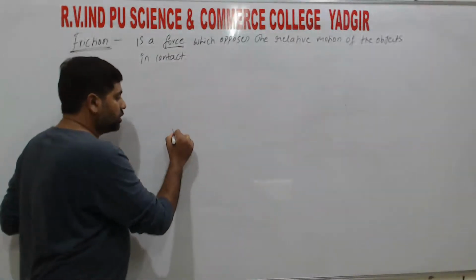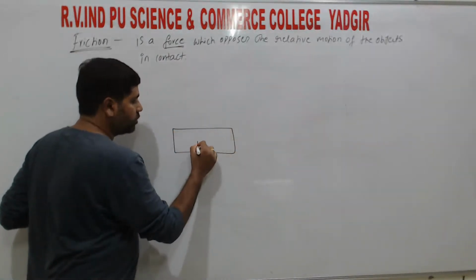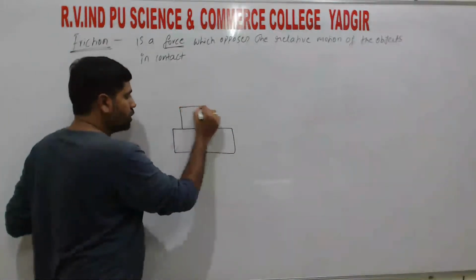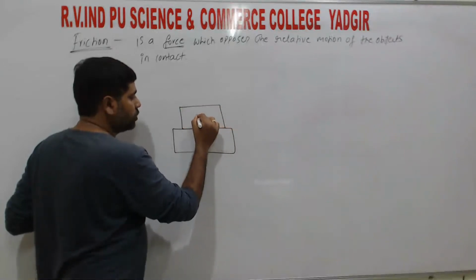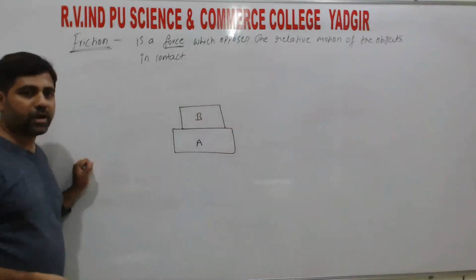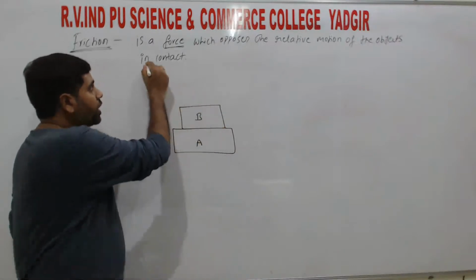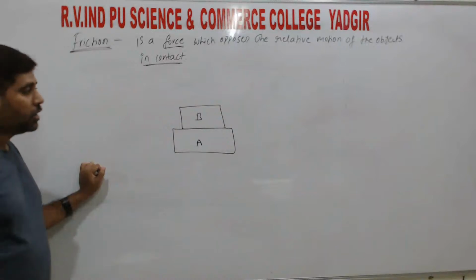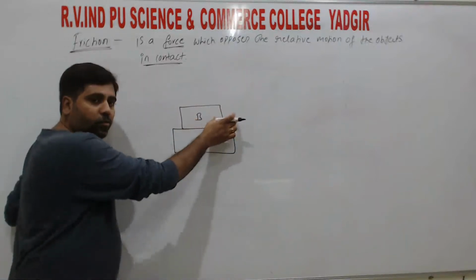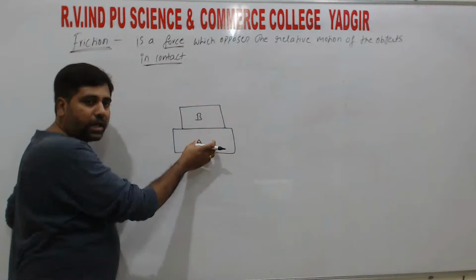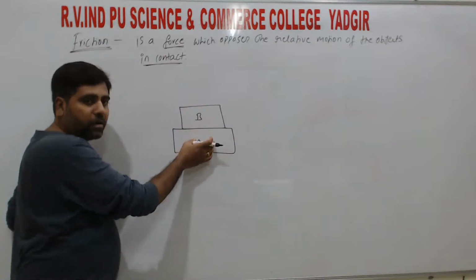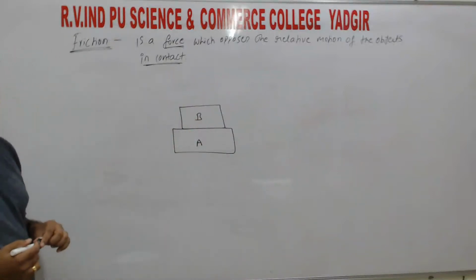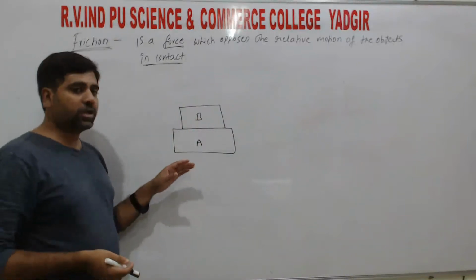So if we consider any two objects, I consider this one as one object and one more object. So this one is the second object, right? These two objects are in contact. So when B is moving with respect to A or A is moving with respect to B, with respect to means relative, as we already discussed the relative velocity concept in the first chapter, motion in a straight line.